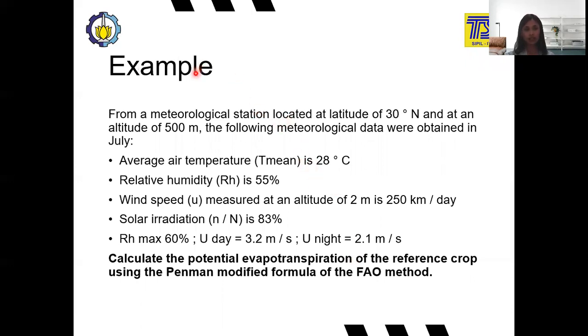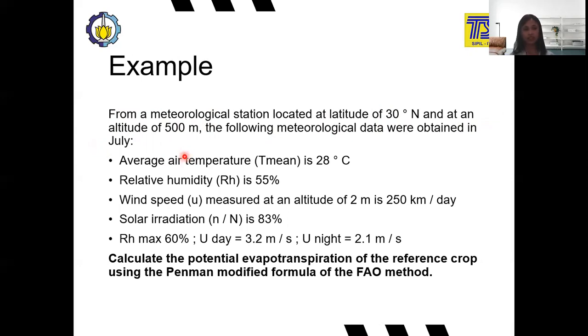Here, for example, you got the data from a meteorological station located at a latitude of 30° north and an altitude of 500 meters, which is obtained in July. This data is related to which table you have to see.